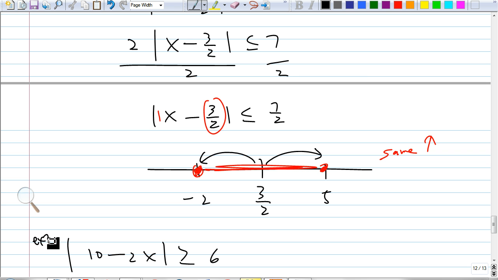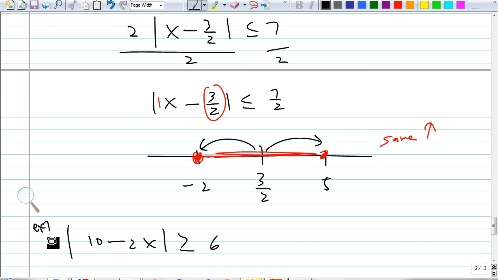Who could tell me what I get? Kate, can you tell me the two inequalities I get from this? 10 minus 2x is greater than or equal to 6. Yeah. 10 minus 2x is less than or equal to 9x. And is it "and" or "or" in the middle? It's greater, so it's "or".